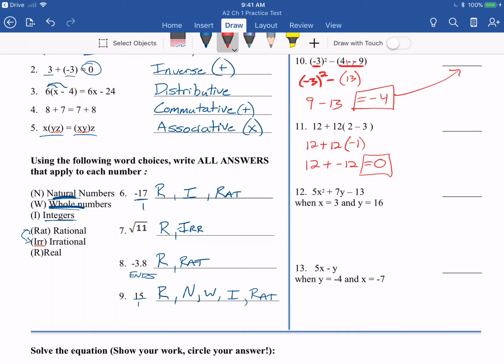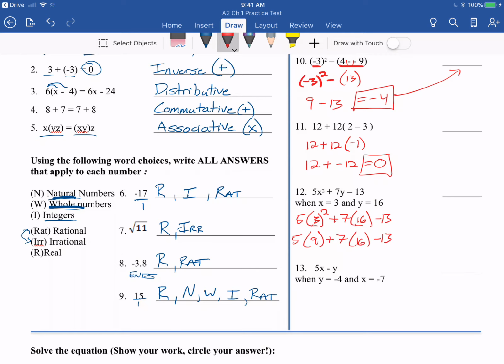All right, awesome. As we keep on going on here, number 12, you have to find out what these guys are when you actually plug them in. So now I have 5 times 3 squared plus 7 times 16 minus 13. Okay, got to do inside your parentheses. 3, I can't do anything with that. 16, can't do anything with that. My parentheses is gone. Exponents. So I have 5 times 9 plus 7 times 16 minus 13.